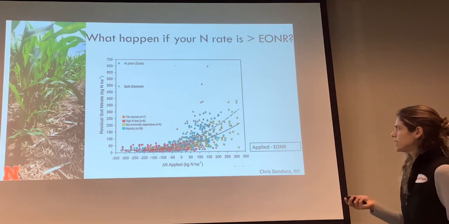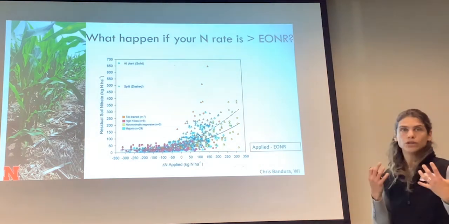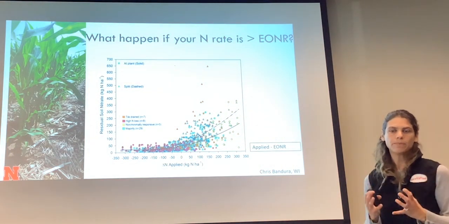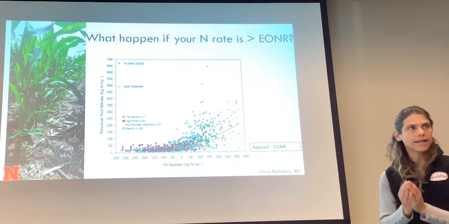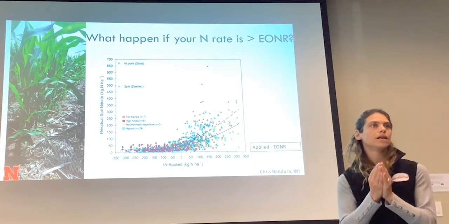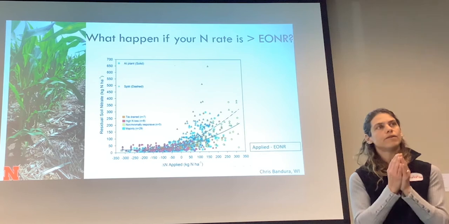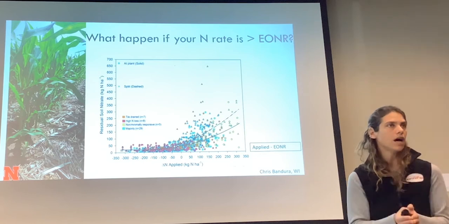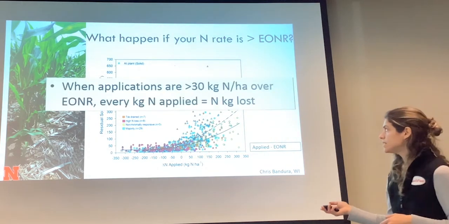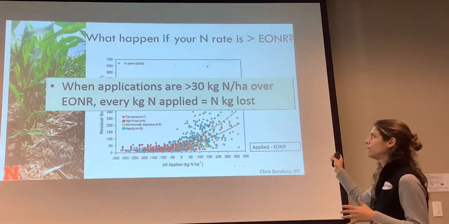And this is a compilation that I always show you to focus on the point that the closer we get to our optimal N rate, the less probability we have of those residual nitrogen to be lost in the environment. So this is a study compiled across the whole Midwest, right?